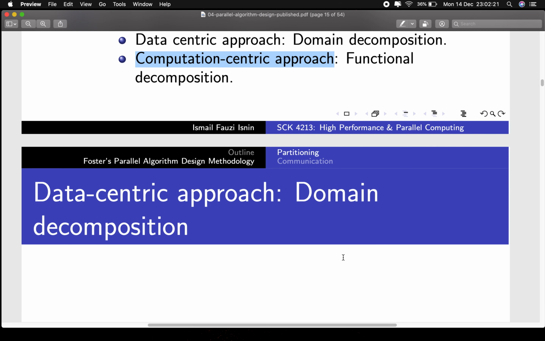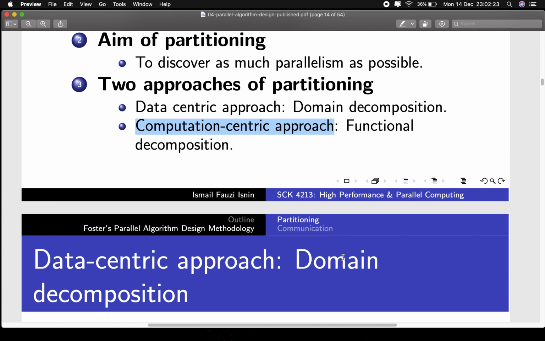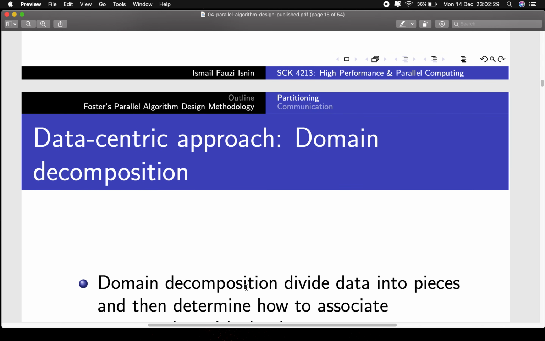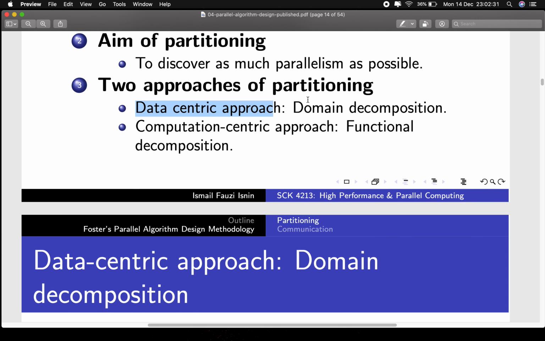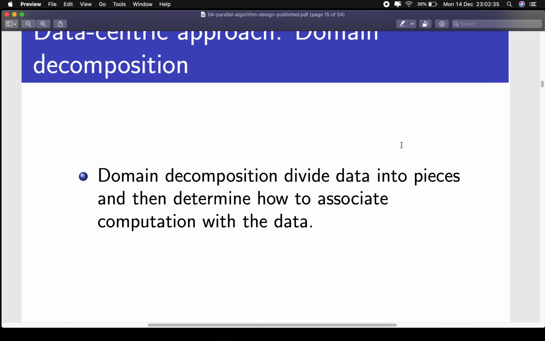Now we look into each approach. First, the data-centric approach, also known as domain decomposition. Domain decomposition divides the data into pieces and then determines how to associate computation with the data.